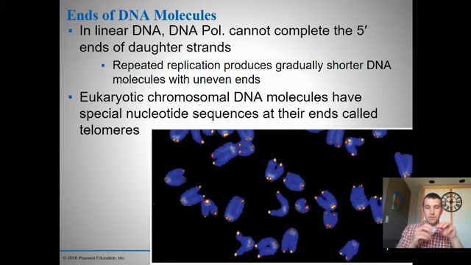And since we're not necessarily going to get a primer all the way up at the very, very end of a molecule to build onto, there's always going to be a little bit of DNA left off at the end before any primers can attach that does not get copied. This means that with every replication, our DNA gets shorter and shorter.